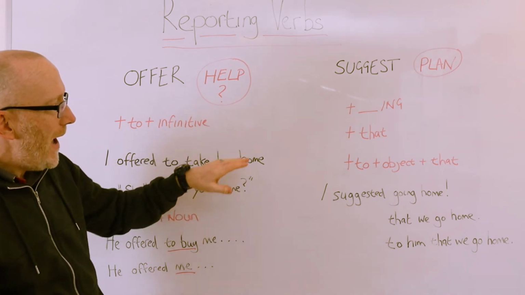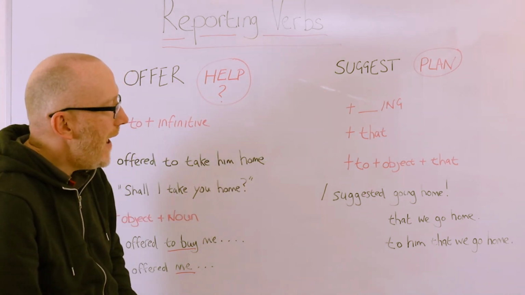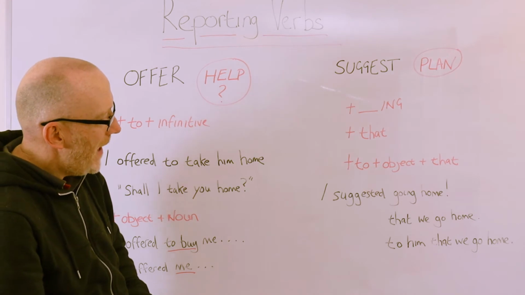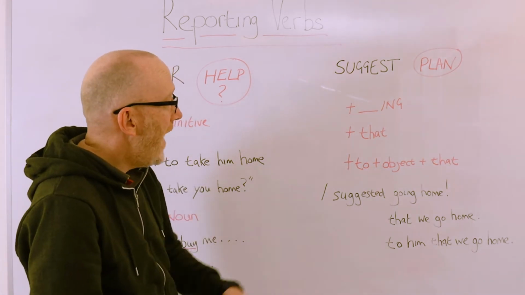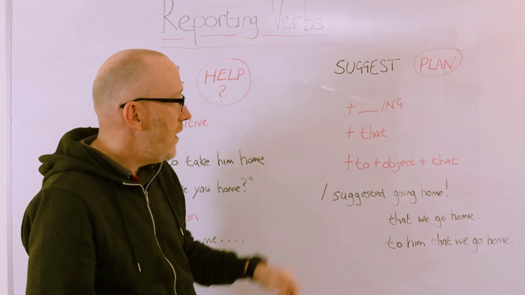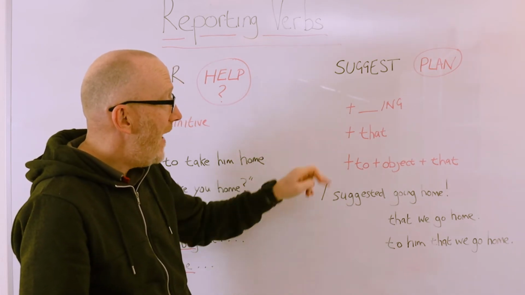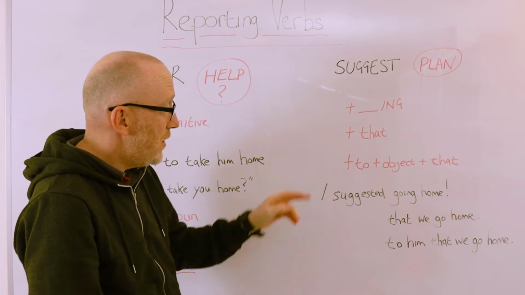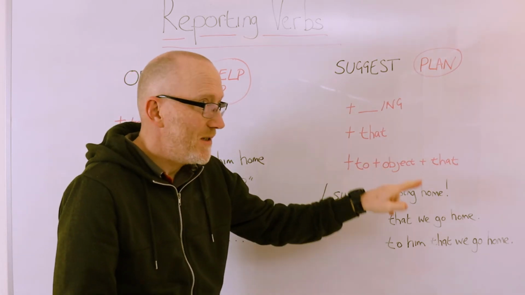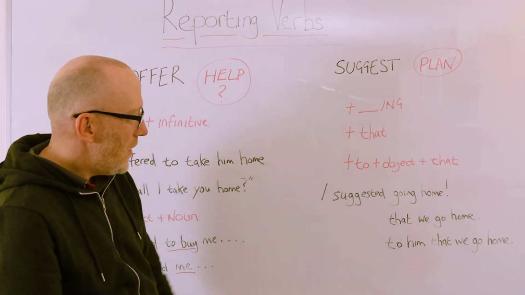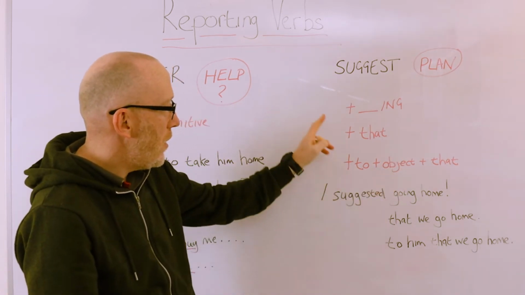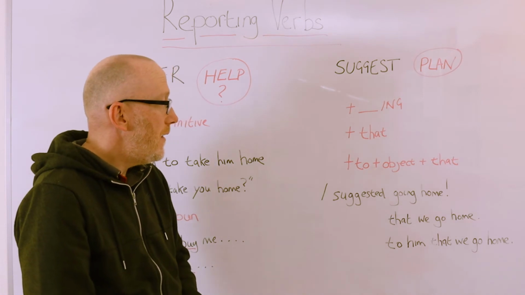If we look at how we use suggest now, we have a number of different constructions. We have suggest plus the gerund, suggest plus that, and suggest plus to plus object plus that. So, I suggested going home: suggested plus the gerund.